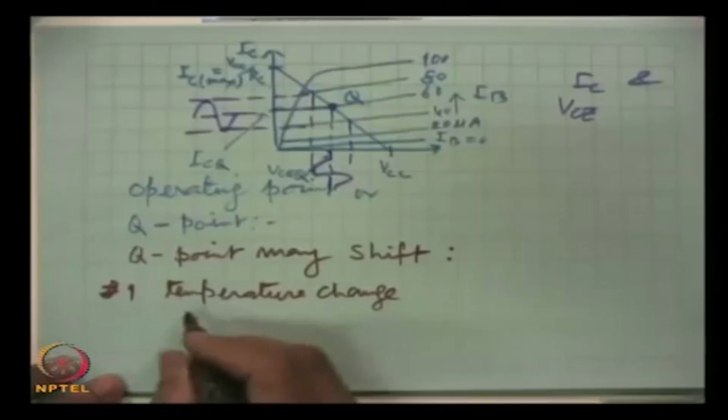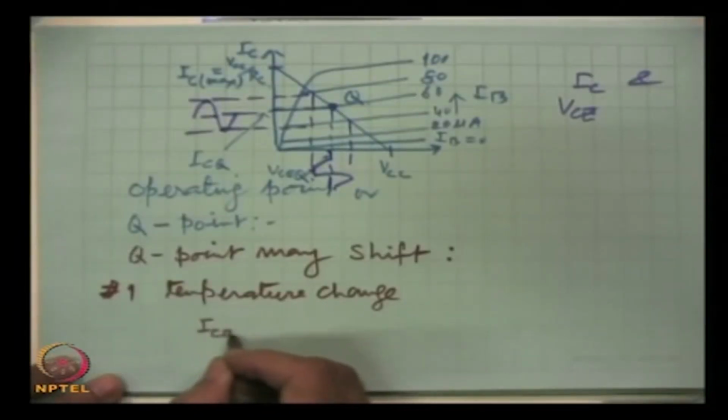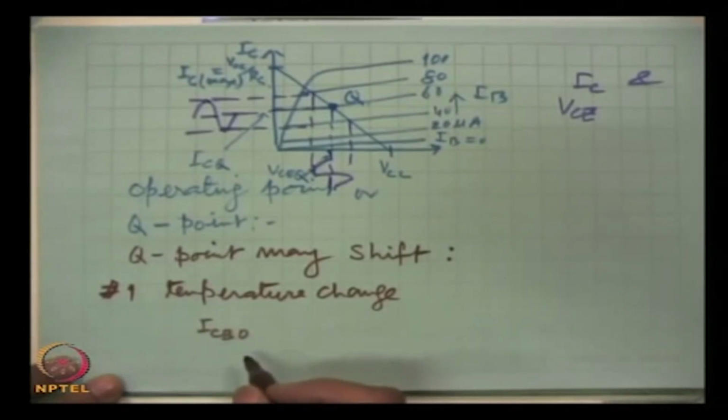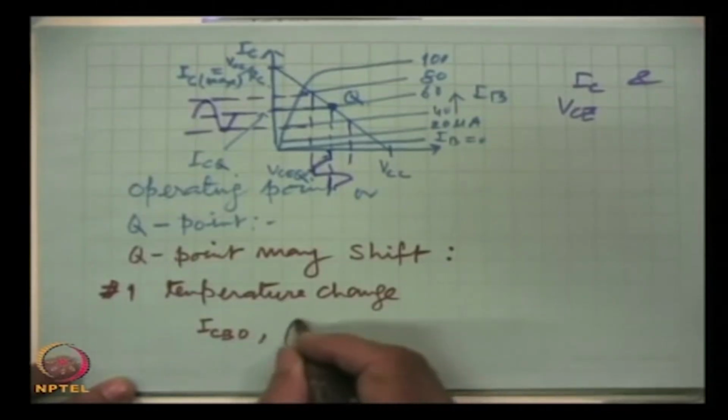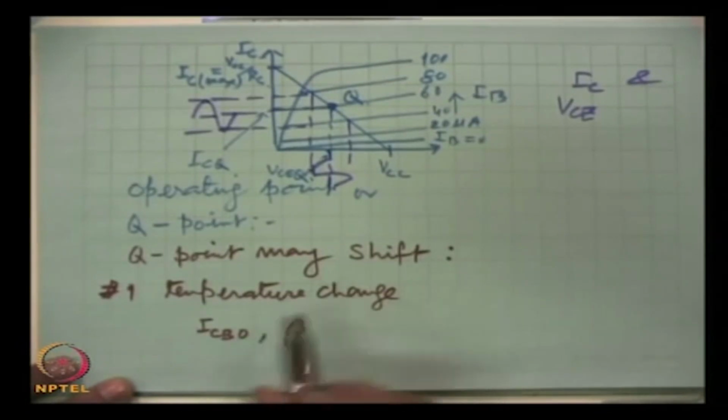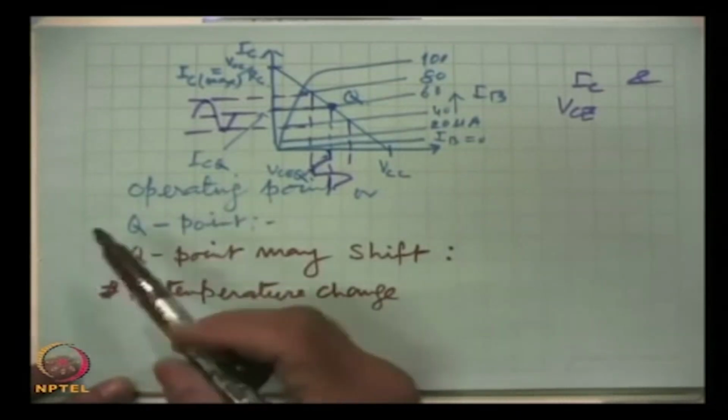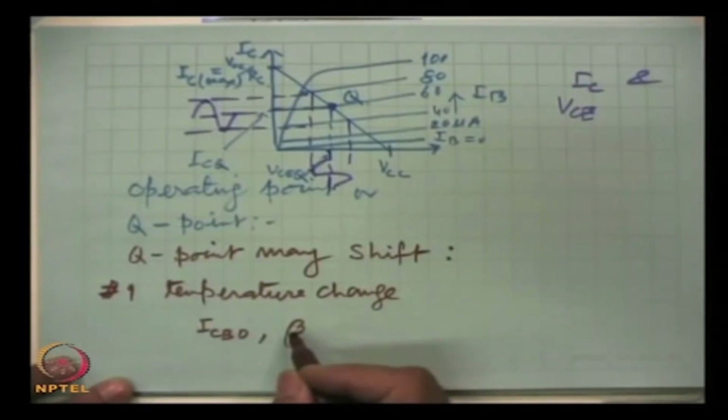So, temperature change. Now, what are the parameters of the transistor which are temperature sensitive? We have talked about the reverse saturation current. This is temperature sensitive because it arises because of thermally generated charge carriers. If temperature falls, this will be less. If temperature rises, this will be high. Similarly, beta, the current gain, you remember that I showed a graph that it varies with temperature.